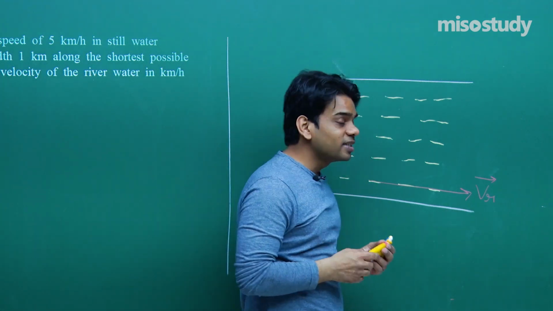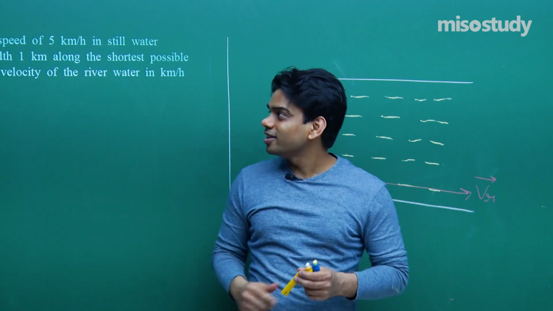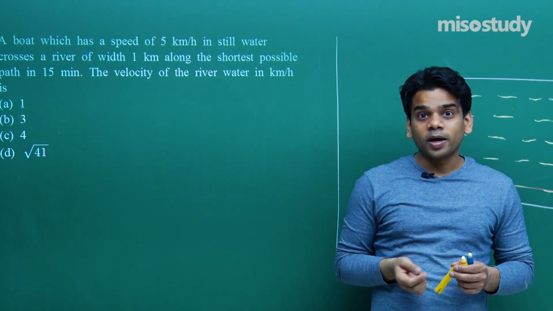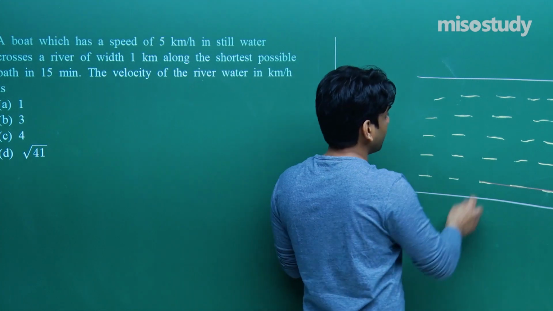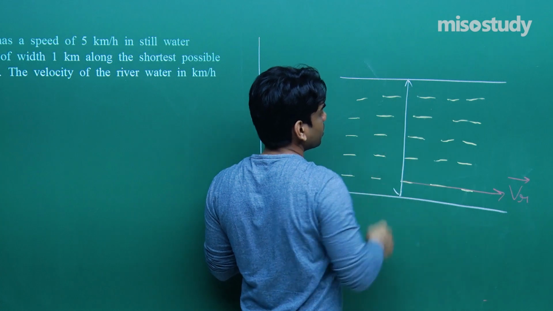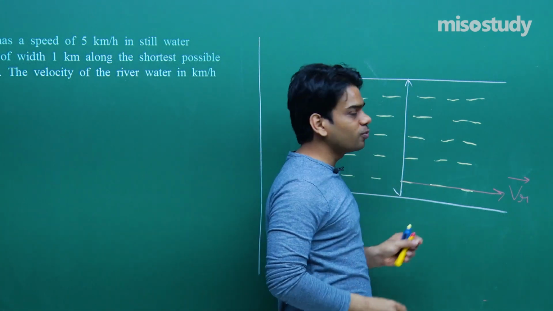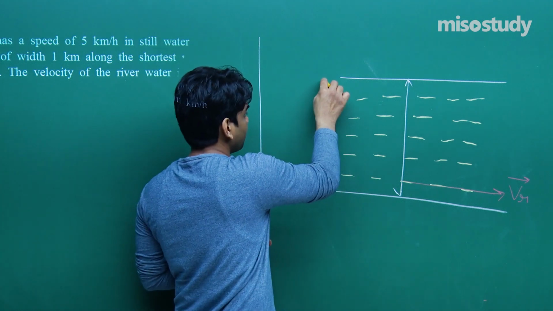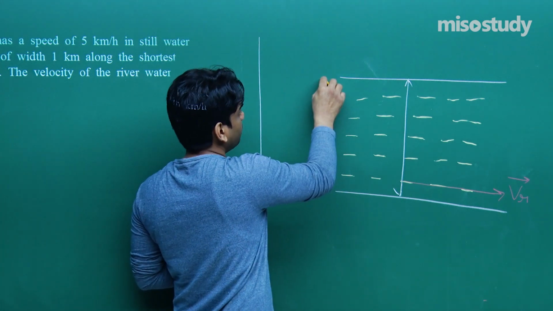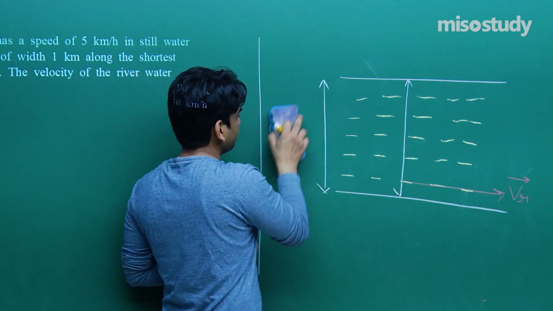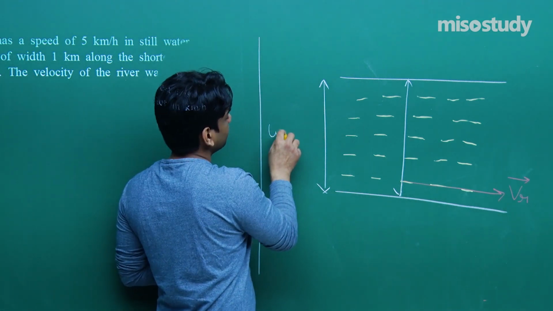Now, the boat crosses the river along the shortest possible path. What will the shortest possible path be? You see, this is the shortest possible path that I have made here. So the net velocity of the boat should be along this line, and this shortest possible path is given as the width. Let me mark this as W, that is width, that is 1 kilometer.